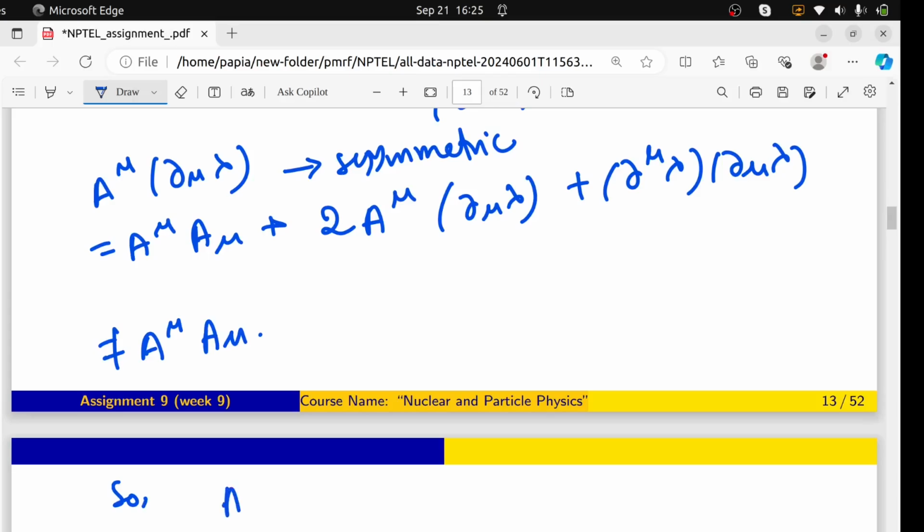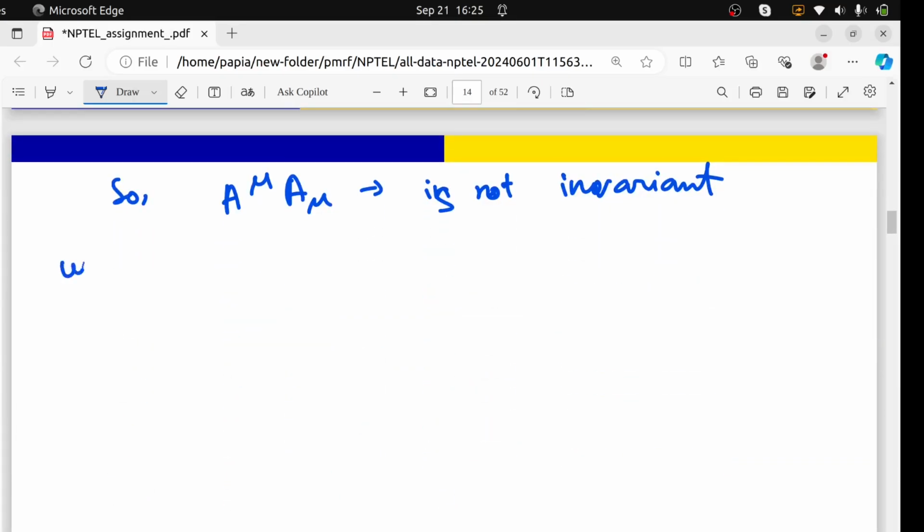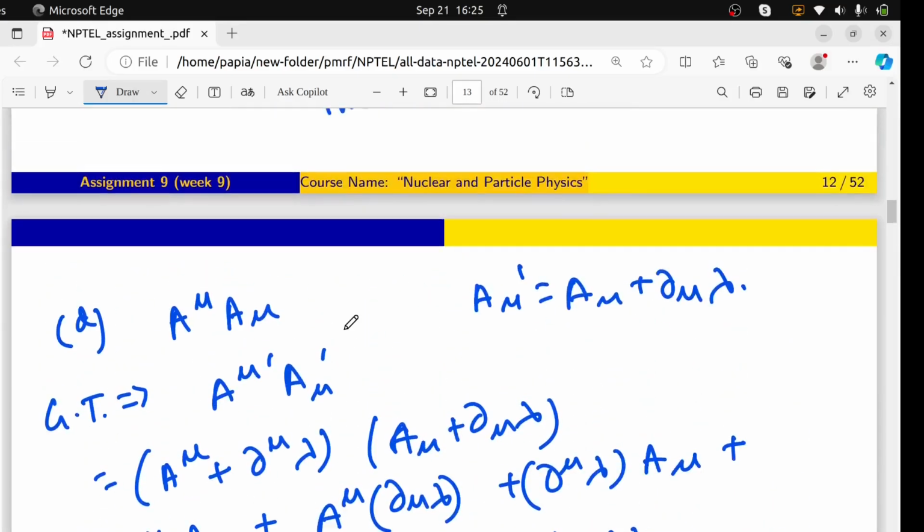So this quantity is not invariant under gauge transformation. So obviously we will not go for the Lorentz transformation. If we check, this is a scalar function, so that will be fine for Lorentz transformation.